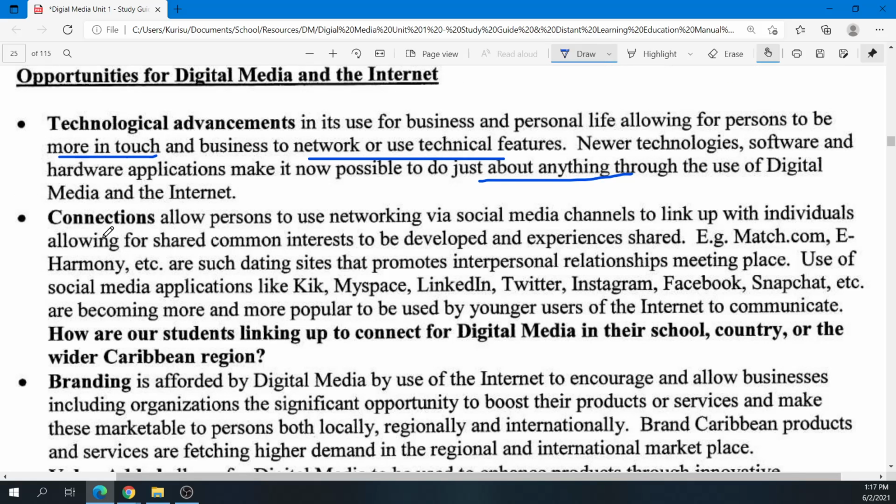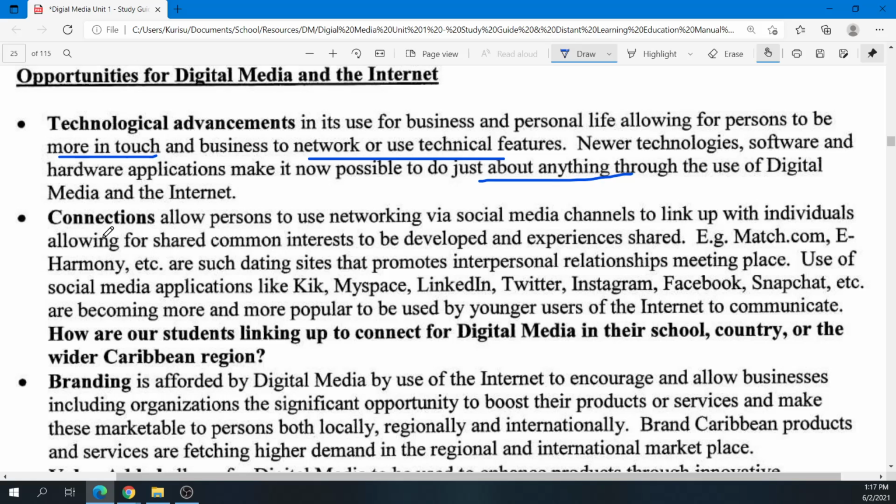Connections. Ariel, can you read that? Allows persons to use networking via social media channels to link up with individuals, allowing for shared common interests to be developed and experiences shared. For example, Match.com, eHarmony, etc. are such dating sites that promote interpersonal relationships, a meeting place.